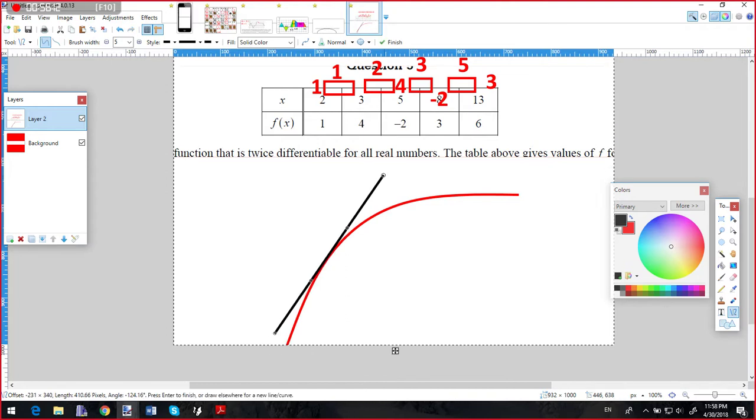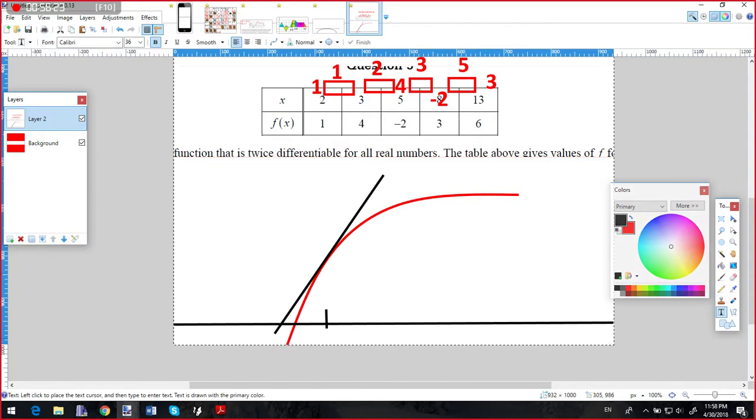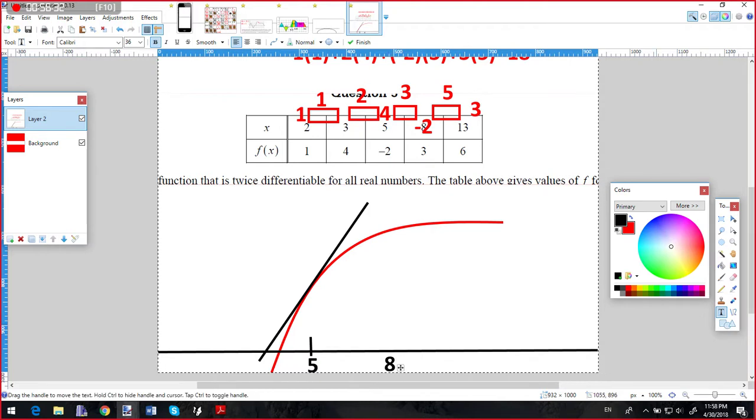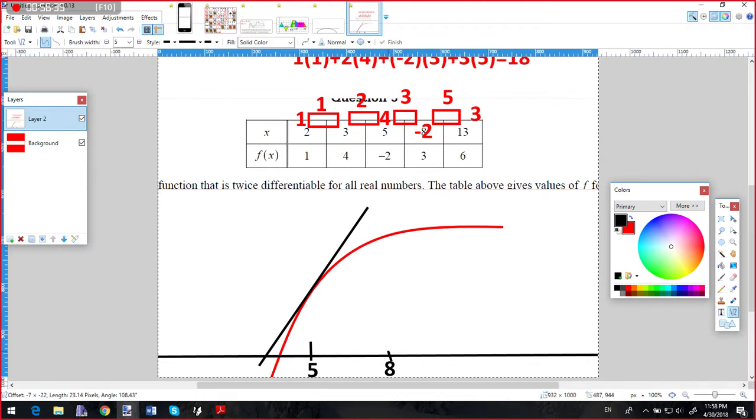As long as we are concave down, if I use that line to estimate what's going to happen later on, so at x equals 8, then that tangent line should give me a value that is above the curve, above our actual function. If I kept extending this black line out, my y value for the black line is going to be much higher than my y value for the red line, right?